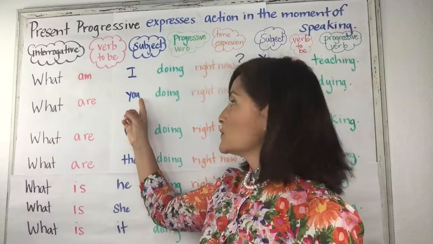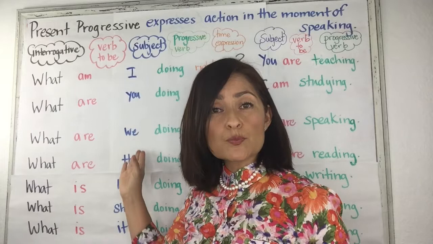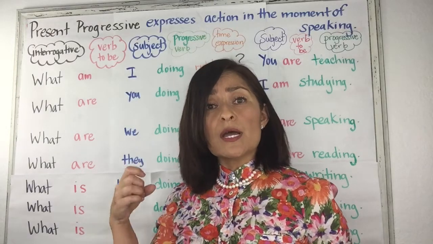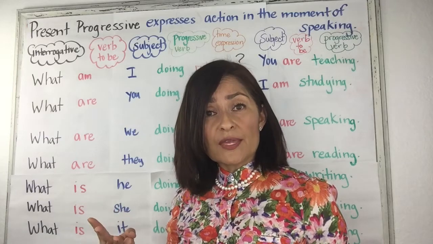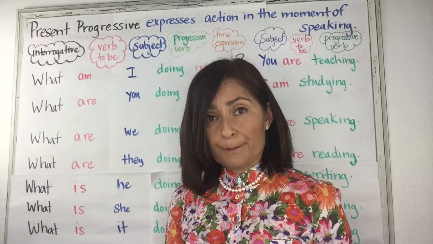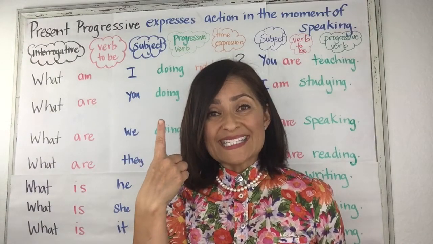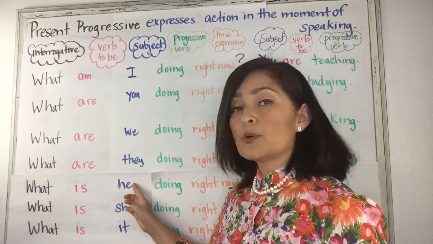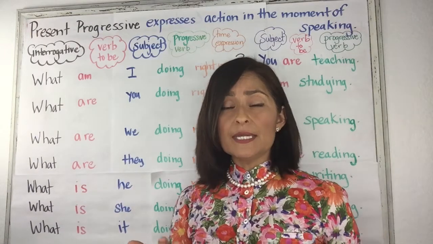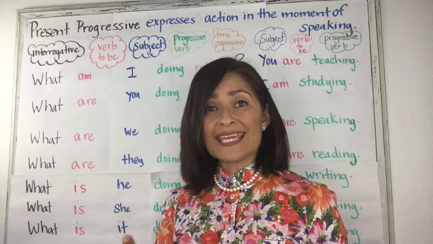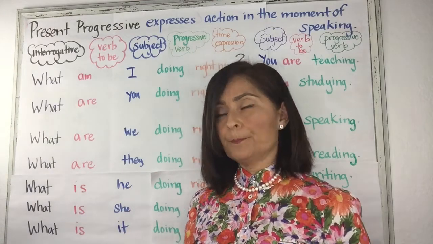That is why it's used with you, we, and they, because those pronouns are plural. It can also be used with a person, place, or thing that is in the plural form. Is is used to express one, singular. That is why it is used with the pronouns he, she, and it. But it can also be used with a noun, a person, place, or thing in the singular form.